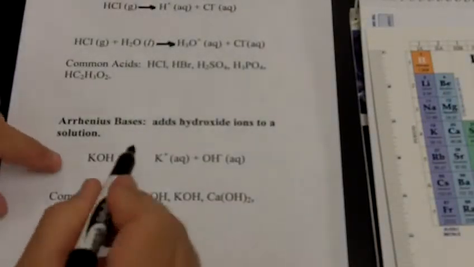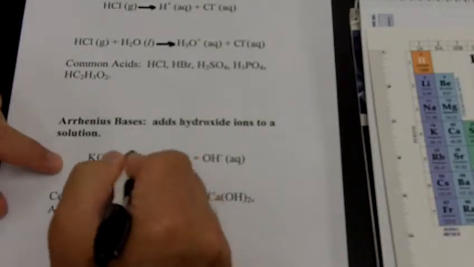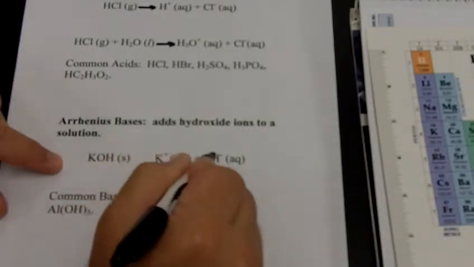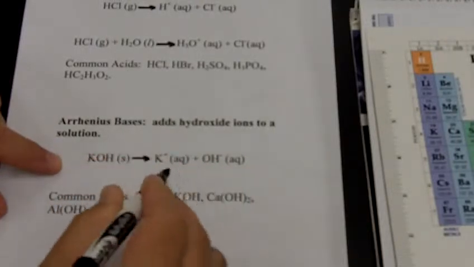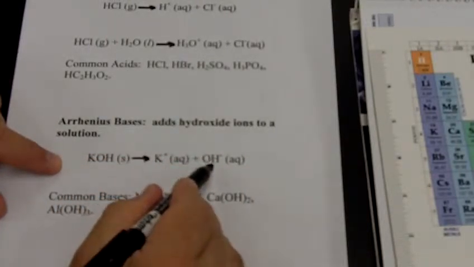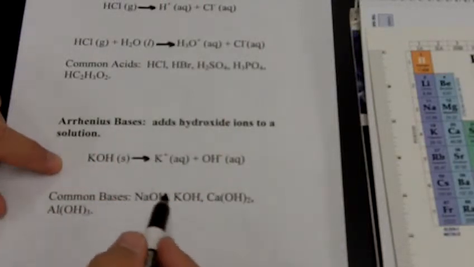So KOH then is dissociated into K plus ions. We won't worry about the K plus, that's something called a spectator ion, but we will worry about the OH minus, because when OH minus ions increase, we call that an Arrhenius base.